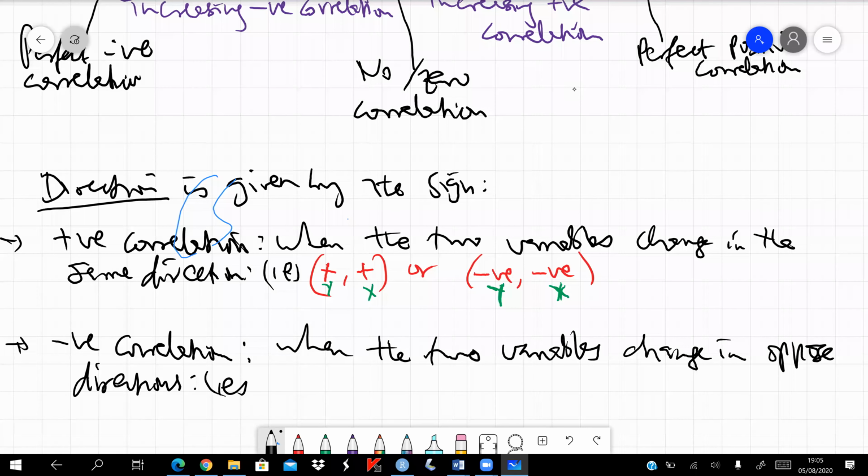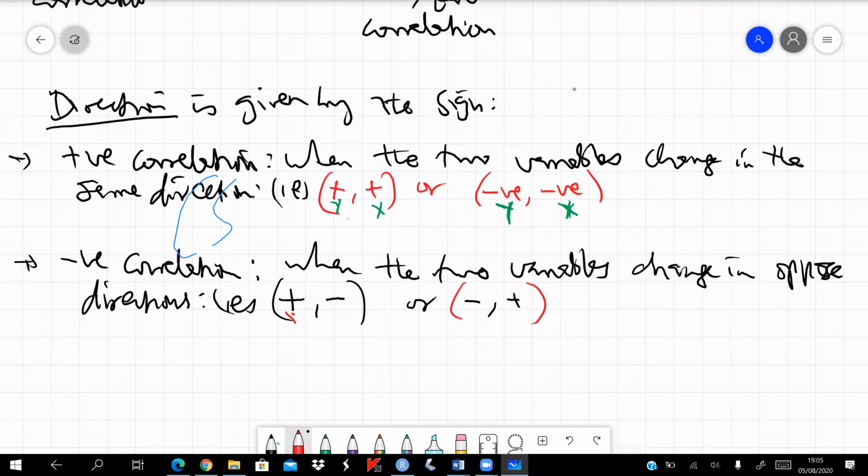That is either when one increases, the other one decreases, or when one decreases, the other one increases. So that results in what we call negative correlation. So this is maybe your variable x, this is your variable y. When that happens, you end up with negative correlation.